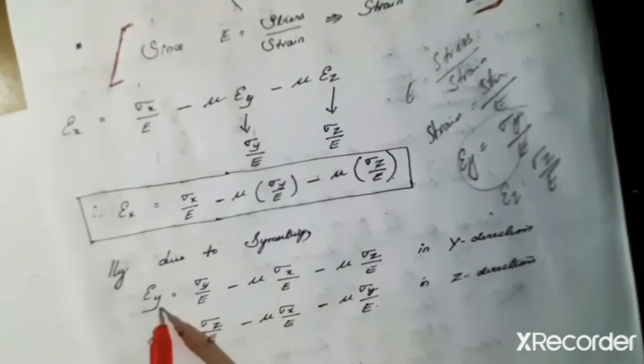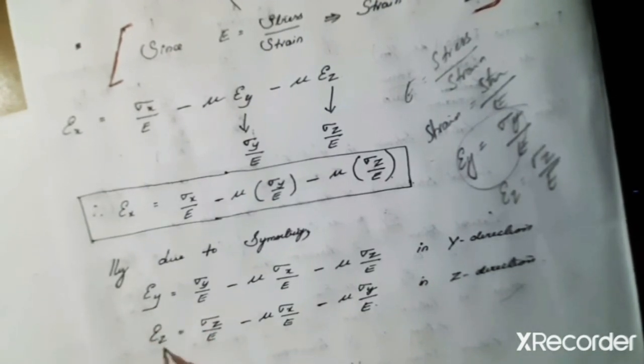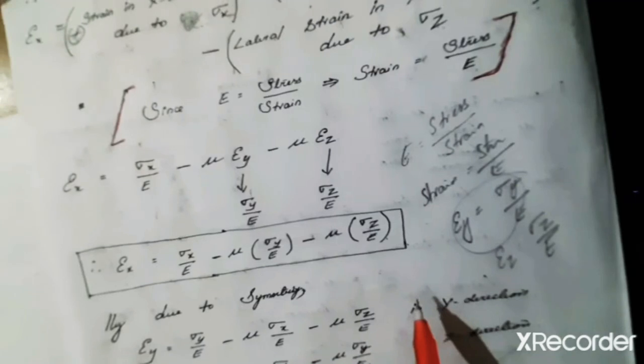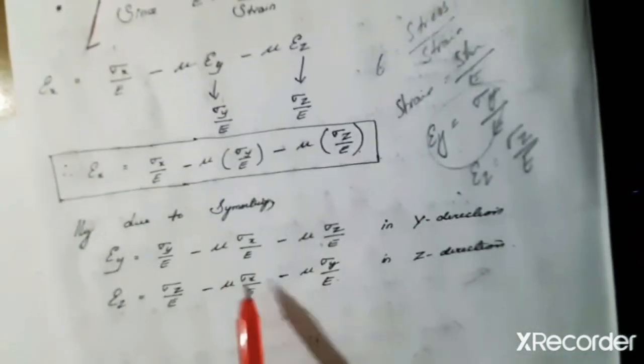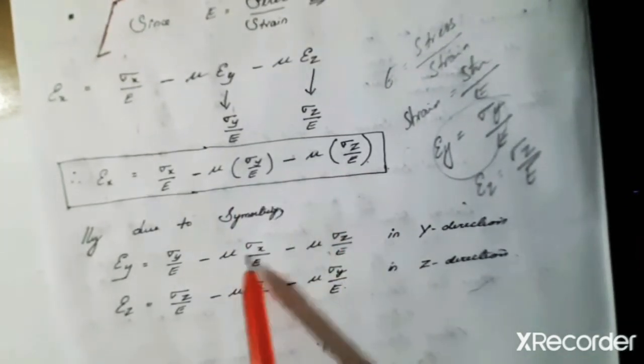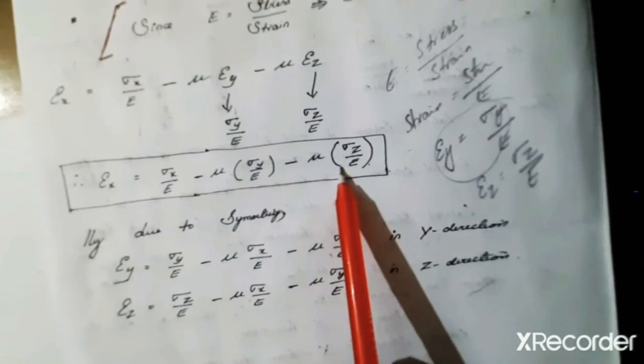Therefore, this is the net strain in y direction, this is the net strain in z, and this is the net strain in x. See here, if there is no lateral strain in any direction because of sigma x, sigma y, sigma z, then all these six terms are going to be 0.